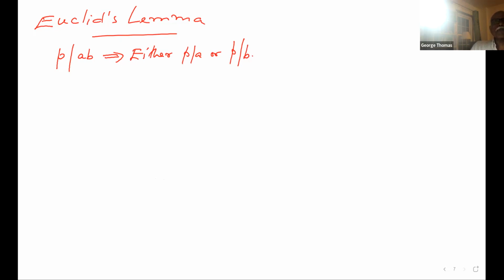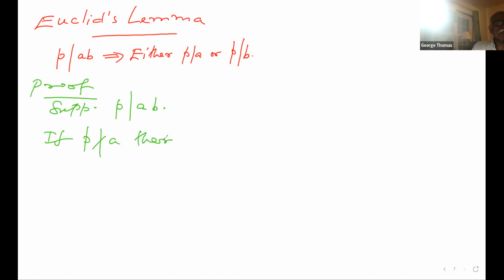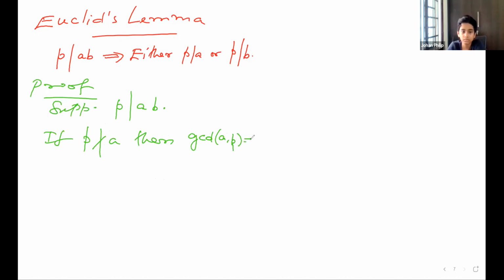And the proof is so nice. Suppose P divides AB. Suppose P doesn't divide A, then what is the GCD of A and P? If P doesn't divide A, the greatest common divisor of them is 1, isn't it?